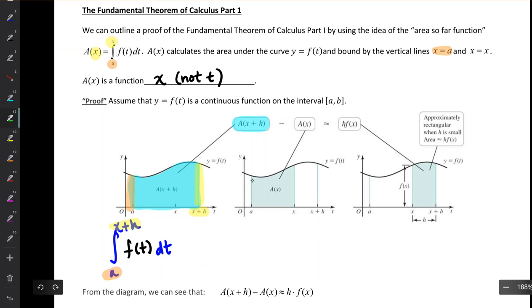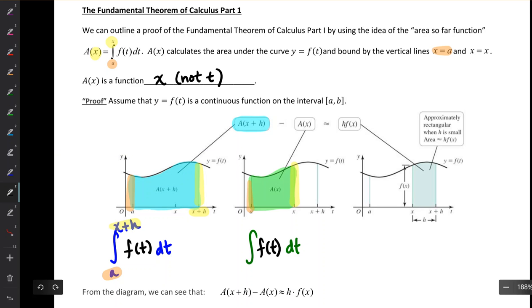Now this area, the area under the curve f as x goes from a to x, that is the area under f as x goes from a to x.